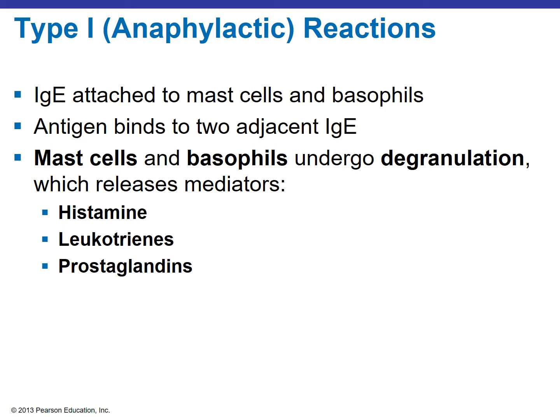And when you have bridging, we'll see a figure in a minute, between 2 of these IgE antibodies by binding to an antigen between the 2 of them, that causes degranulation of these mediators, these vesicles of mediators inside of those cells, and they release these mediators, one of which is histamine, which you're familiar with from inflammation.